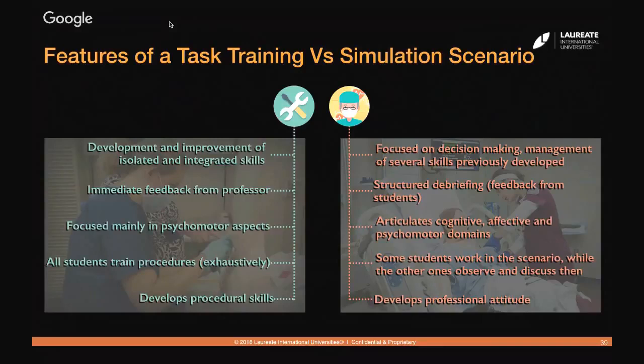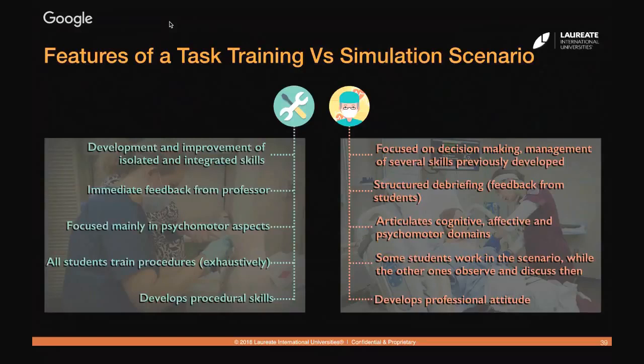Test training is mainly focused on psychomotor aspects. Although we are already developing some different test trainings that are not only focused on psychomotor aspects or skills.